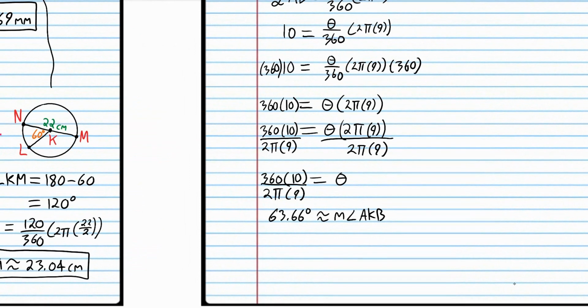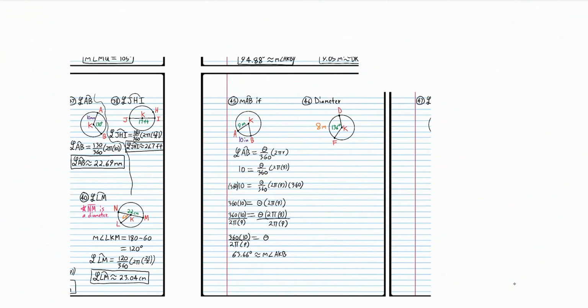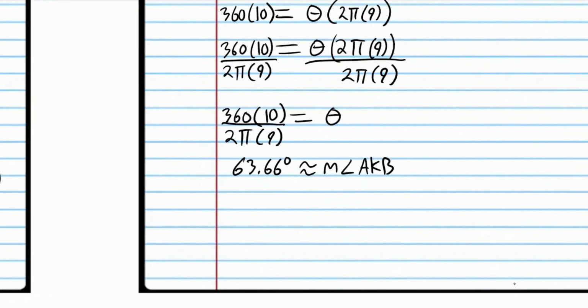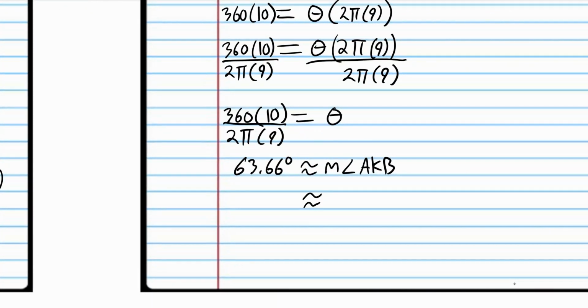That's the same thing as theta. But we want the measure of the arc AB, but that's equal to the measure of the central angle. So we can just say the measure of arc AB is equal to 63.66 degrees.